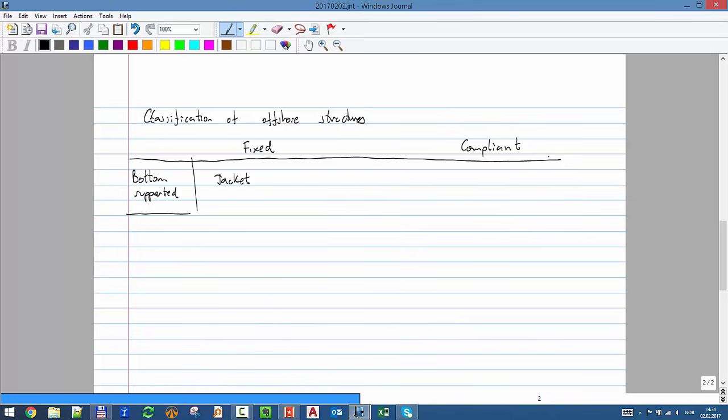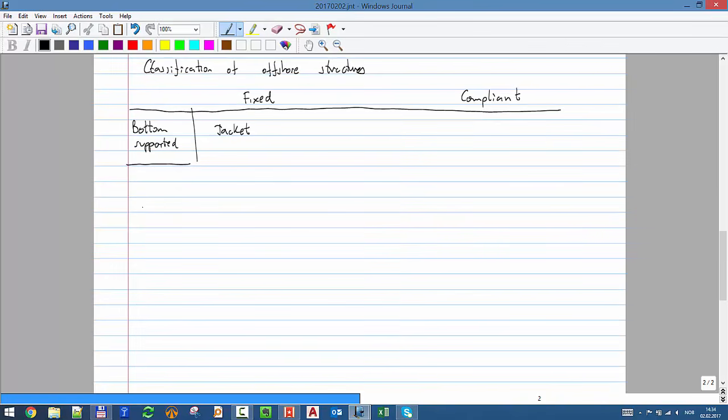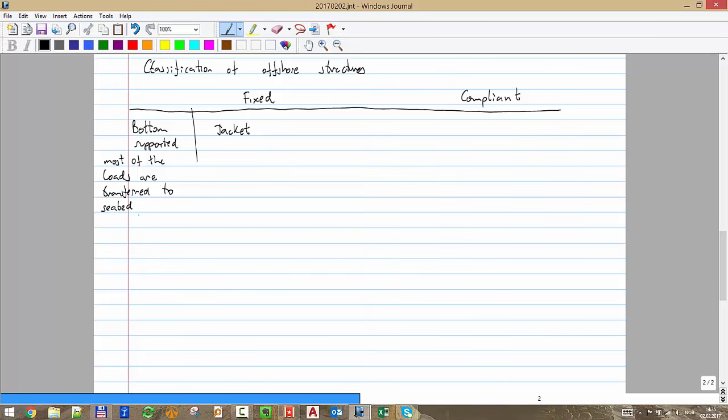In bottom supported, the handwriting is not nice at all, I apologize. Most of the weight and all the loads that are generated by the sea are transferred to the soil. Most of the loads are transferred to the seabed, to the soil.